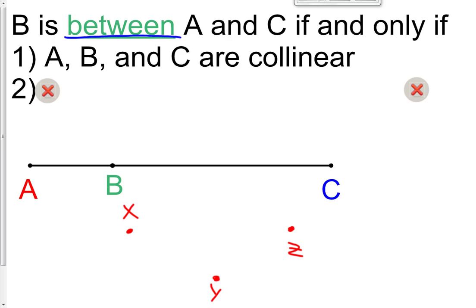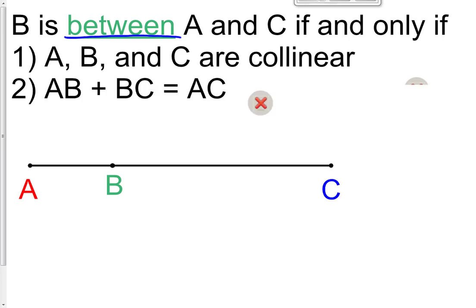It might look like Y is in between X and Z, and we might use that in everyday language, but in geometry we would not say that Y is between X and Z because it's not on the same line.